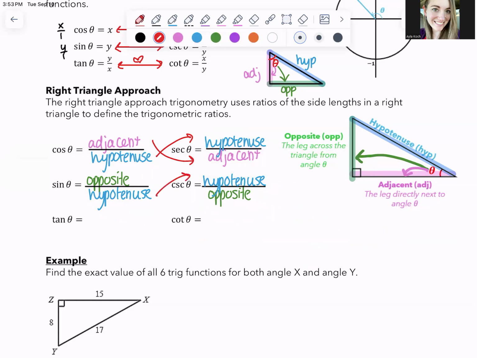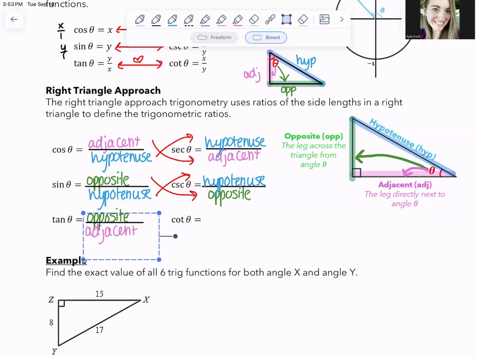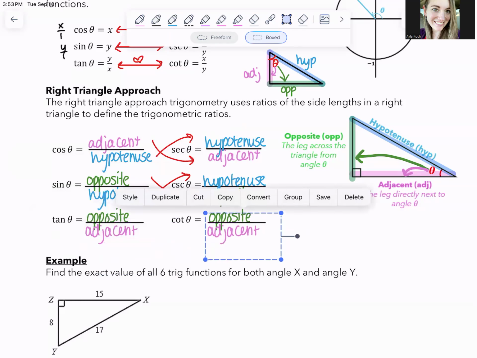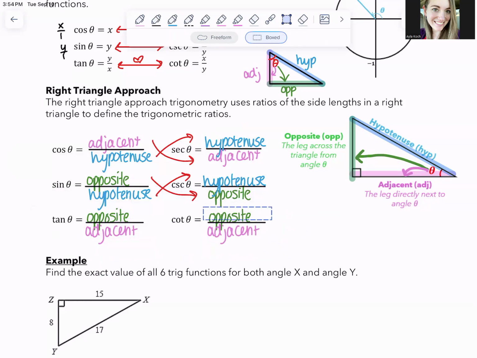A swapsy swap, if you will. And finally, tangent is defined as the length of the opposite side over the adjacent side. And for cotangent, this will not be a surprise. It is adjacent over opposite. Just the swapsy swap.